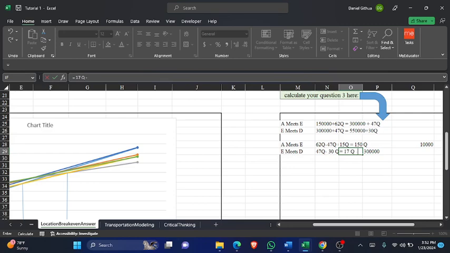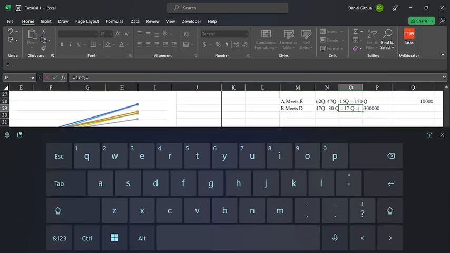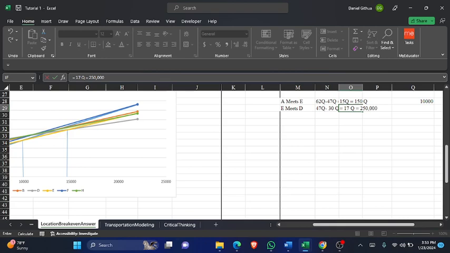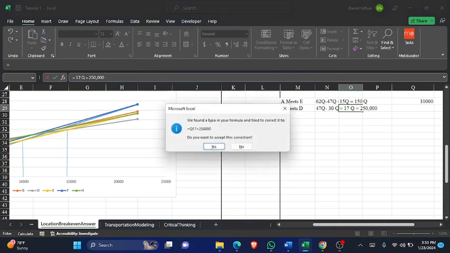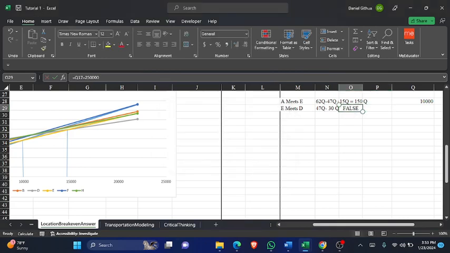Q is equal to 250, since it's 550 minus 300.